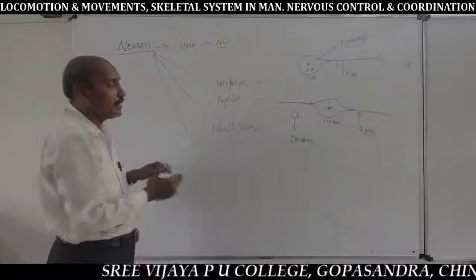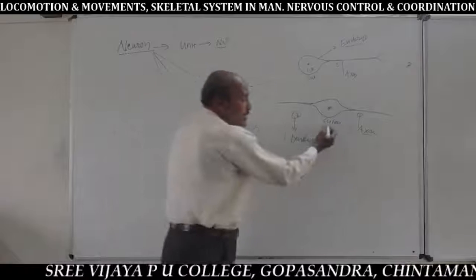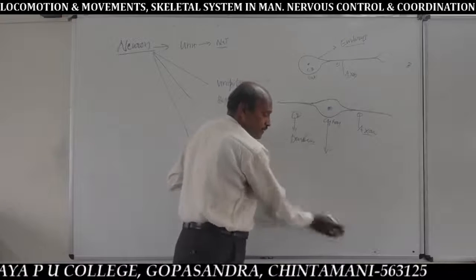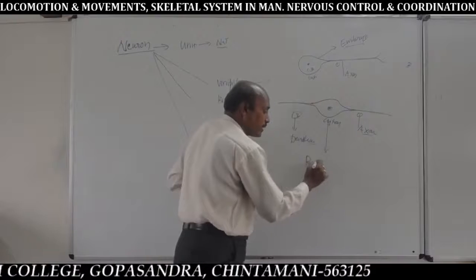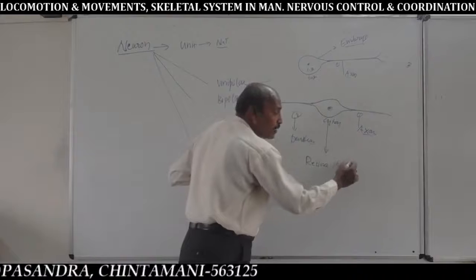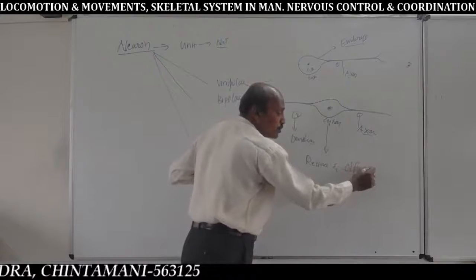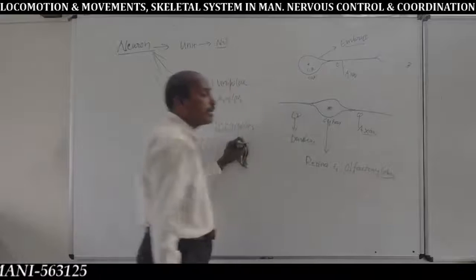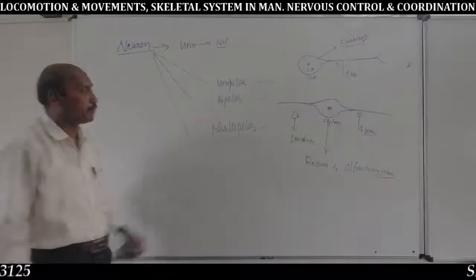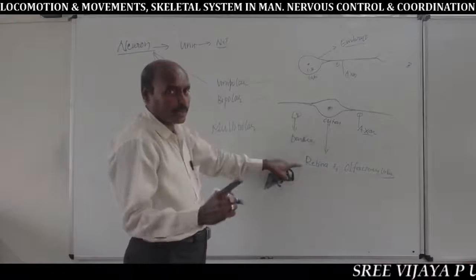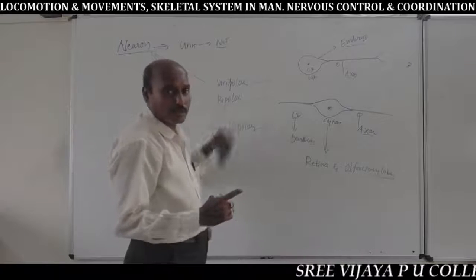That is the meaning of bipolar neuron. Such bipolar neurons are present in the retina of the eye and olfactory lobes, the smell lobes, made up of bipolar neurons, and the retina of our eye is composed of bipolar neurons.